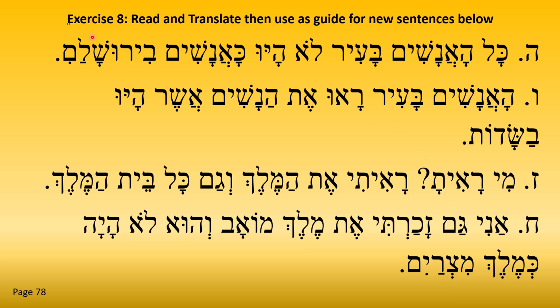Let's look at exercise 8, the translations. Again, if you have any questions, be sure and address them in the comment section or contact me and I will get back with you. We'll see if we can answer your questions. Or if you, as I've mentioned before, find any mistakes, please point them out in the comment section. And I would be very grateful that you do that so that others won't stumble. If you do notice something, if I disagree with you, I'll mention it.